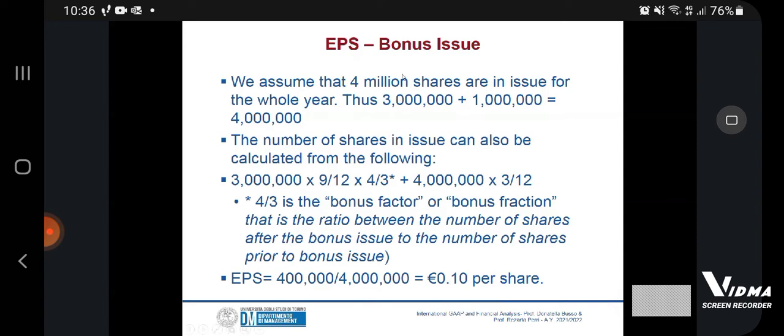Oh, the split case. Sorry? The split case. I'm afraid I'm not understanding the question. I'm sorry. Okay. Then we have the bonus issues and capitalization and the share split. Share split. Yeah.